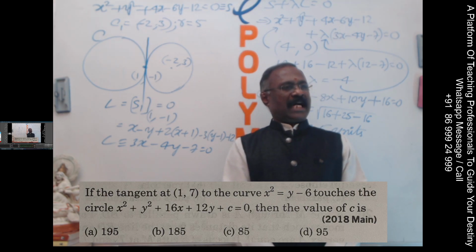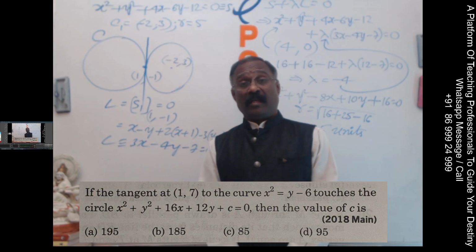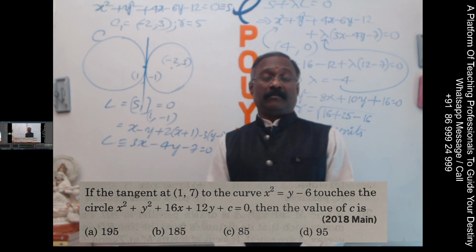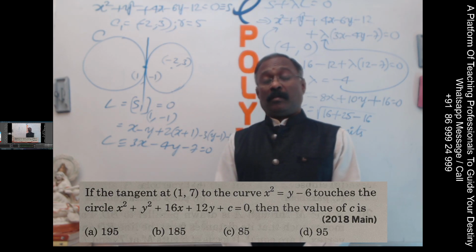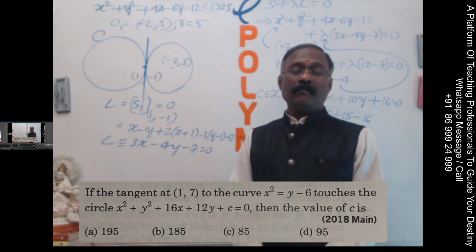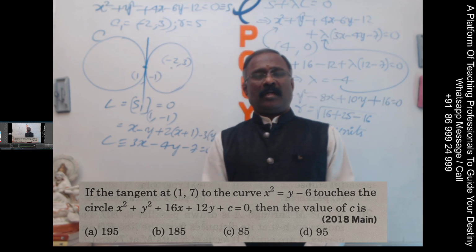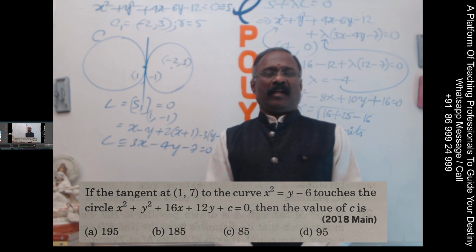Sometimes, if you are getting this type of question, you will be comfortable. But some questions I have seen are very time-taking. If you hang on to that particular problem, a lot of time will be wasted. So you have to decide while writing the examination. First of all, go through the entire question paper.